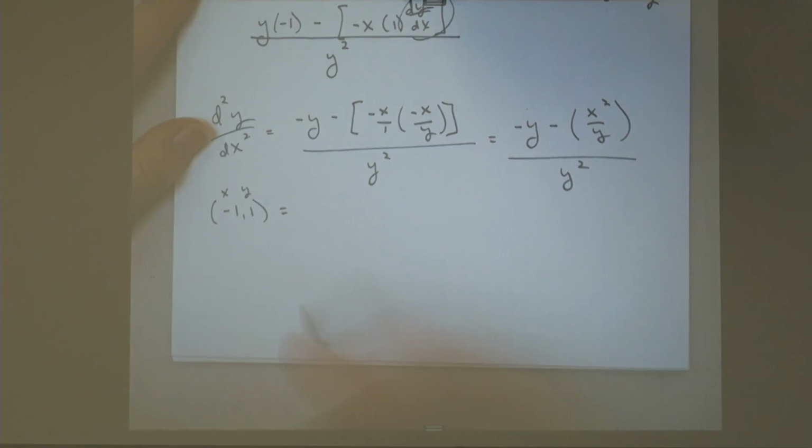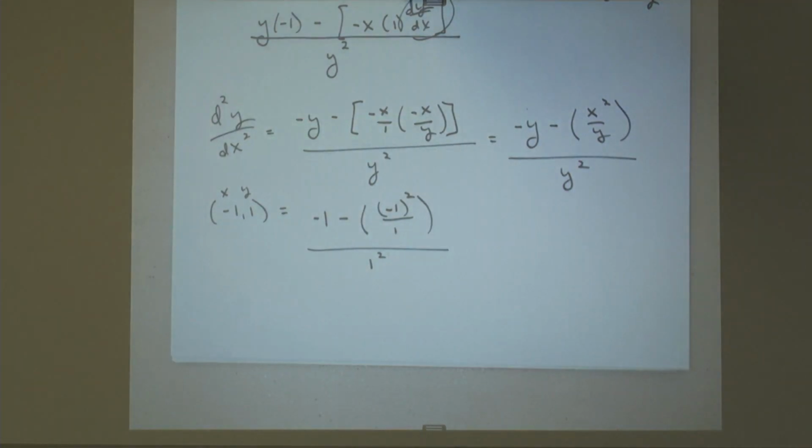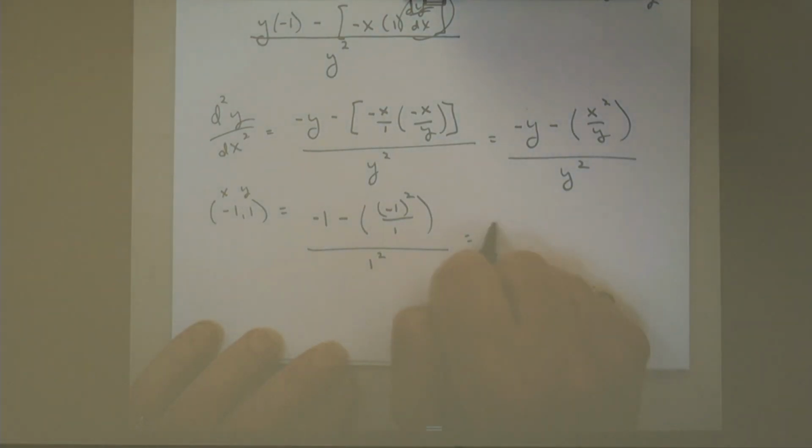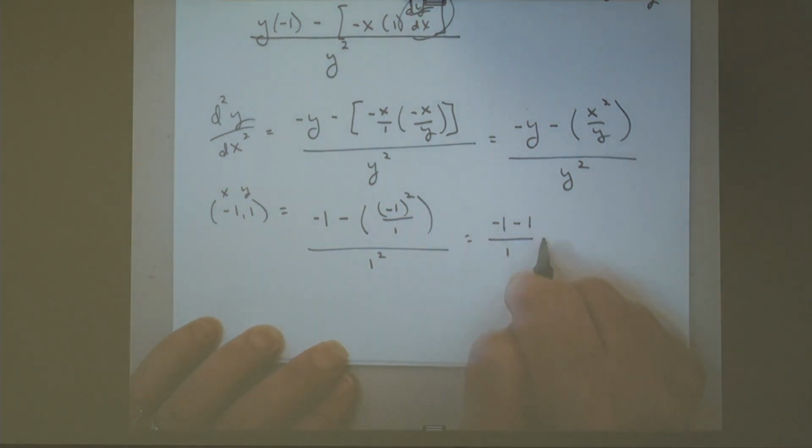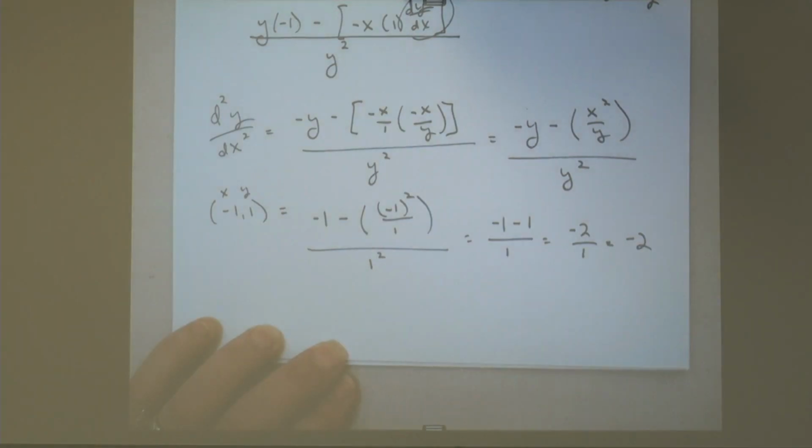All right, so I've got negative 1, plugging in 1 for y, minus negative 1 squared over 1 squared. All right, so I've got negative 1 minus 1 over 1. Please don't tell me it's 0. It's negative 2 over 1, or simply negative 2.